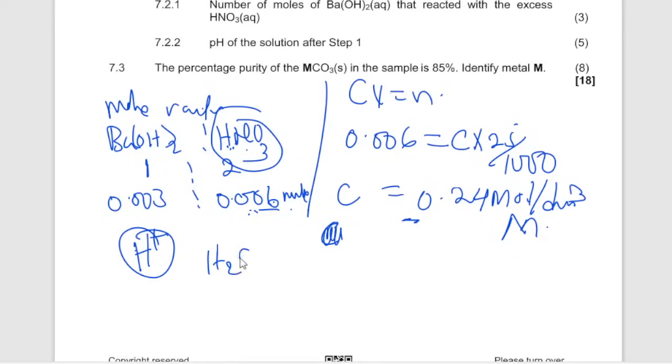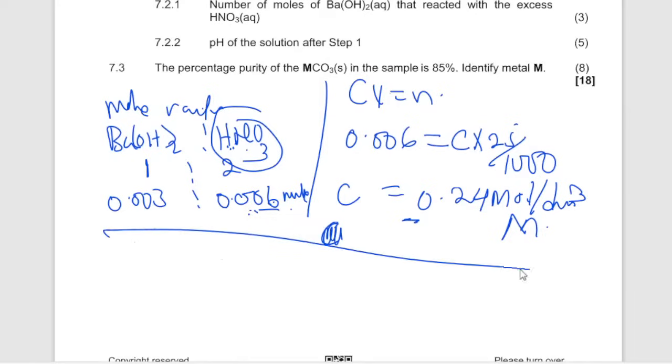If it was sulfuric acid, I would have multiplied it by 2, because one molecule gives you 2 ions of hydrogen. I'm clear there. Since it is a monoprotic acid, everything is flowing.